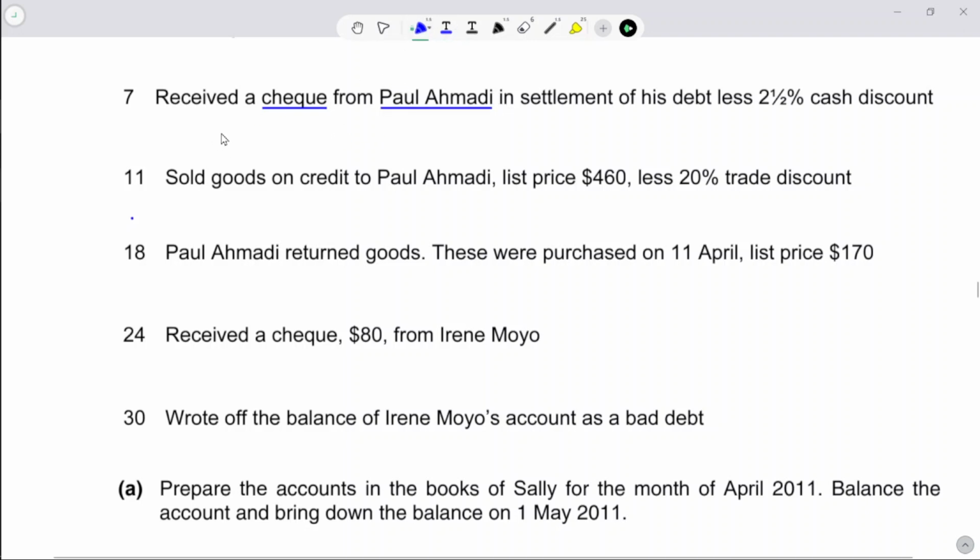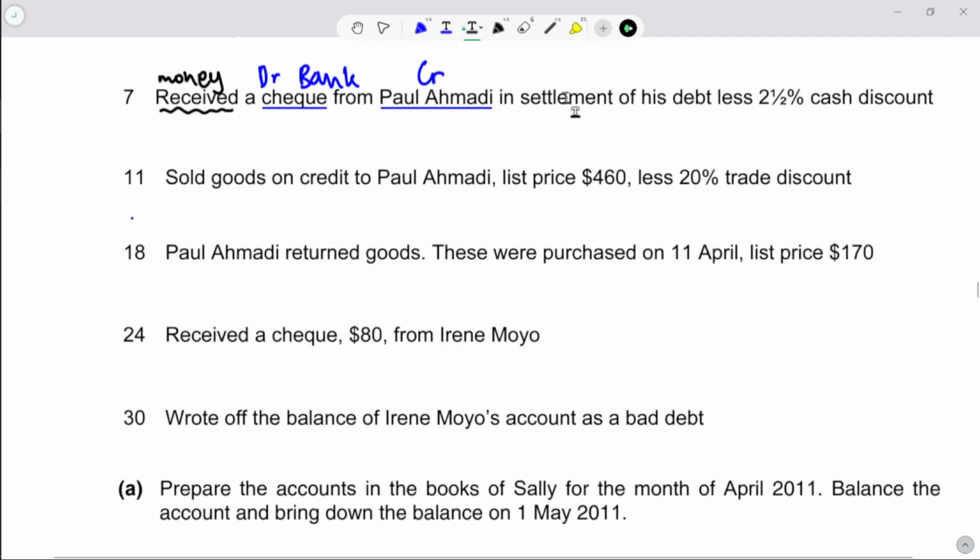Okay, this one you receive money lah. Receive money, so this one will be debit lor. Check is actually bank lor. Then if there is one debit, the another one will be credit.